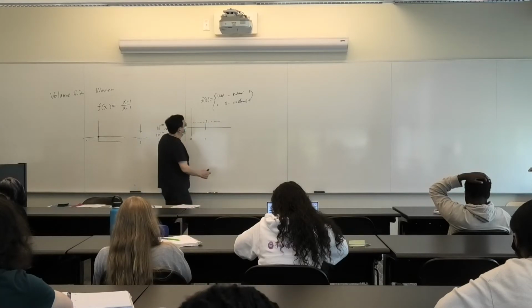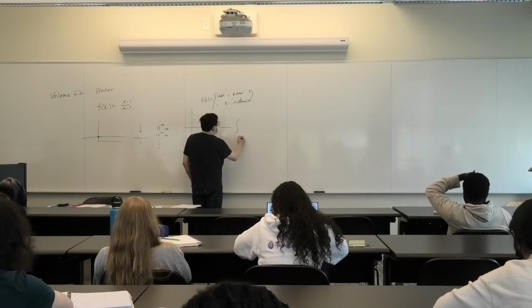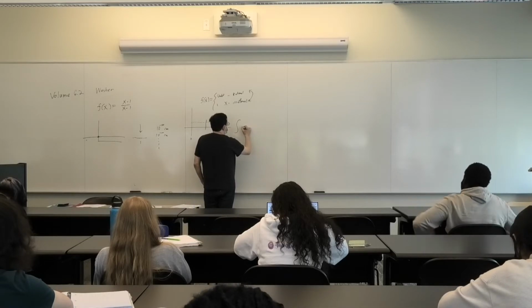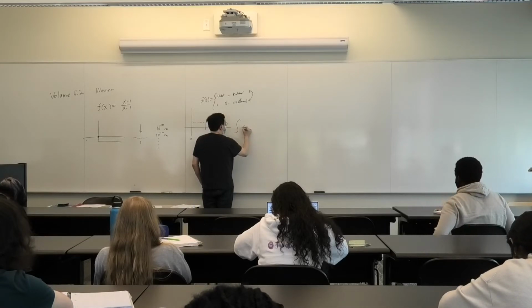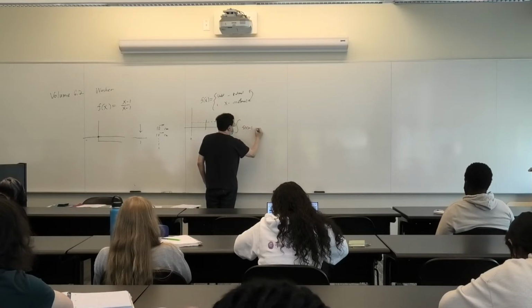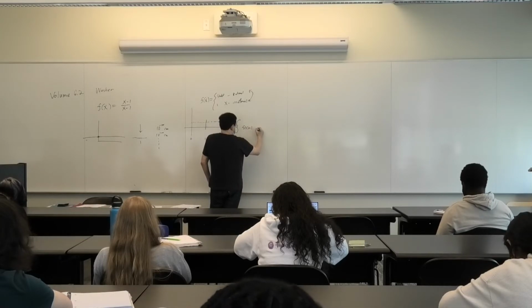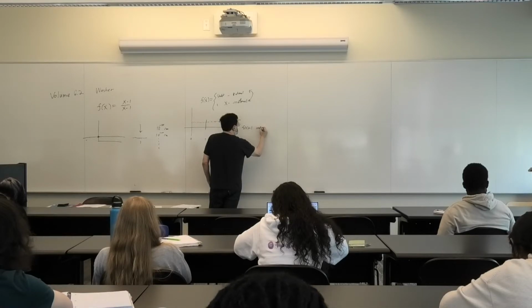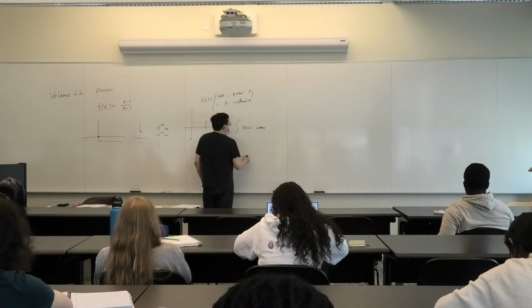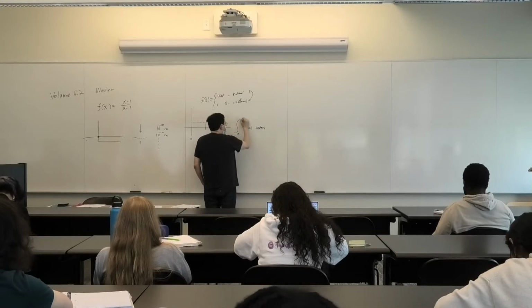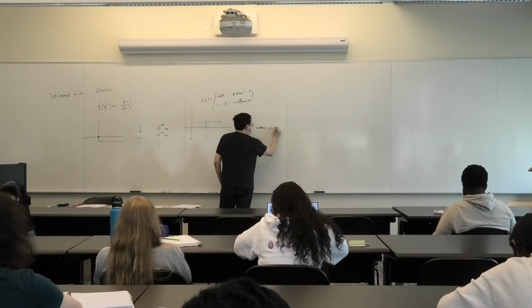And it turns out that if you integrate f of x equals 1 for irrationals from 0 to 1, you get 1.